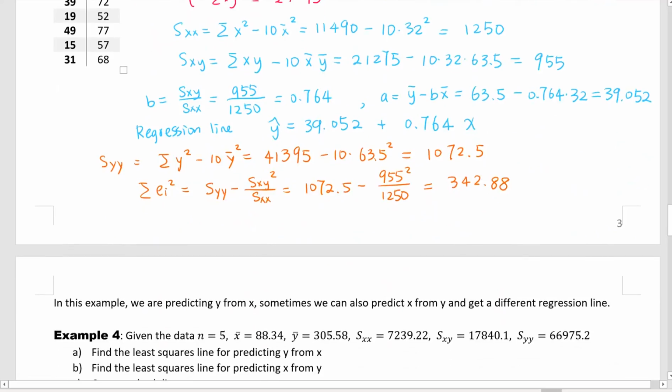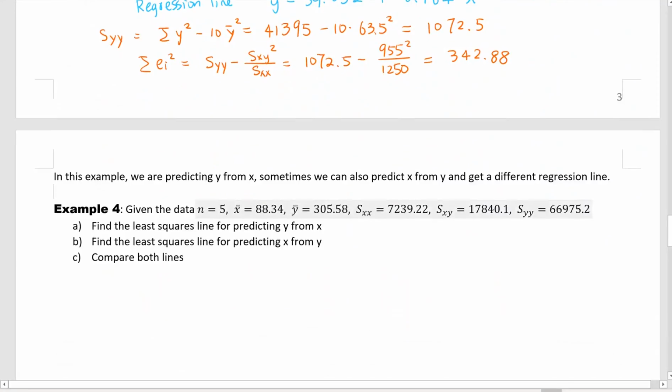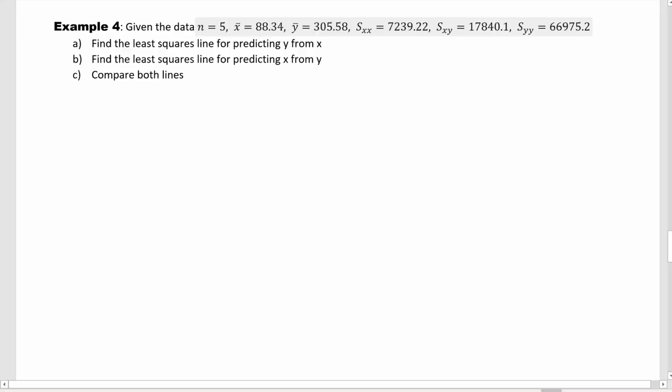Alright, so that is example 3. In example 3, we are predicting y from x. But sometimes we may also predict x from y and get a different regression line. Let's look at example 4. Given that n is 5, and x bar, y bar, SXX, SXY, and SYY are all given.